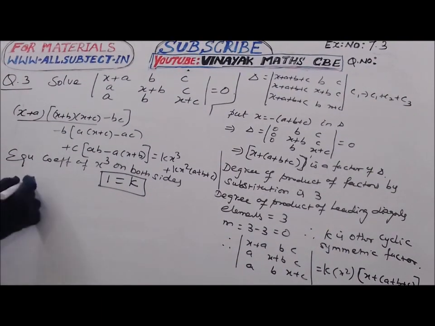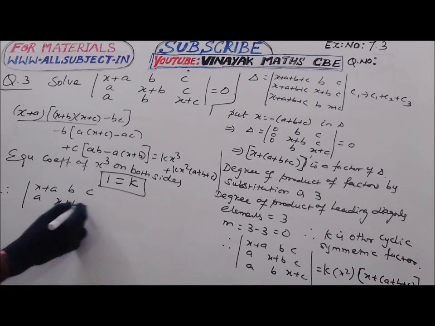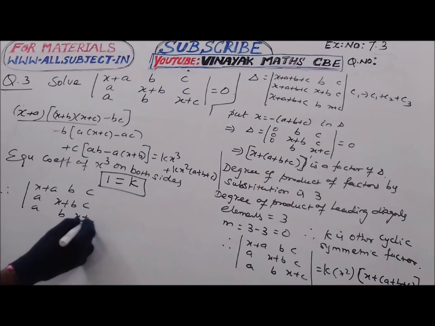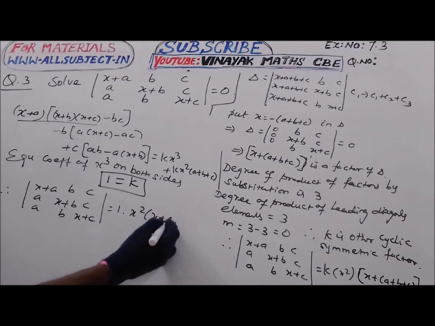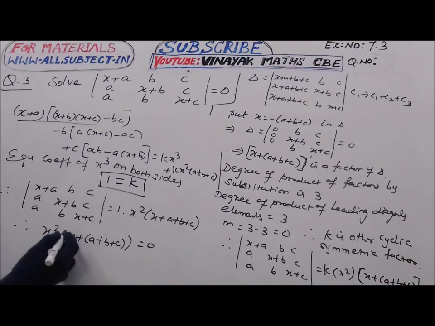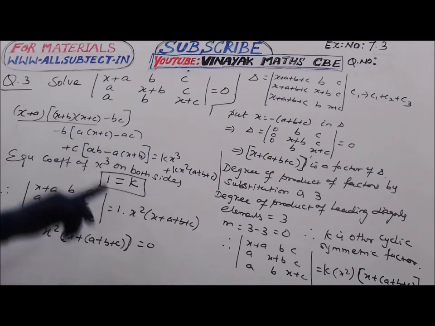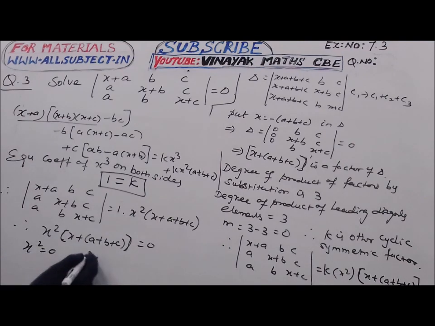So x plus a, b, c; a, x plus b, c; a, b, x plus c equals 1 into x square into (x plus a plus b plus c). This determinant equals 0, therefore x square into (x plus a plus b plus c) is equal to 0. Here the determinant equal to 0 means the right side value equals 0. Now separating this, x square equals 0 and x plus a plus b plus c equals 0.